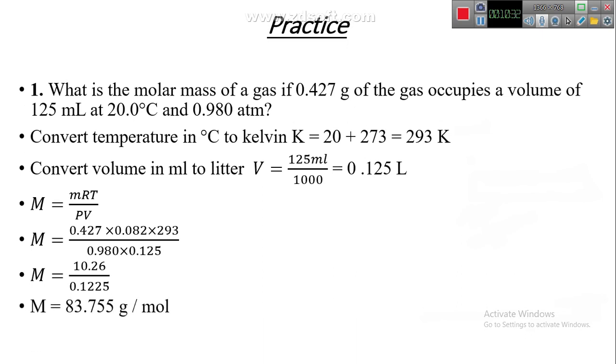The final answer will be molar mass equal to 83.755 gram per mole. Gram per mole is the unit of molar mass, and this is the molar mass of this gas.